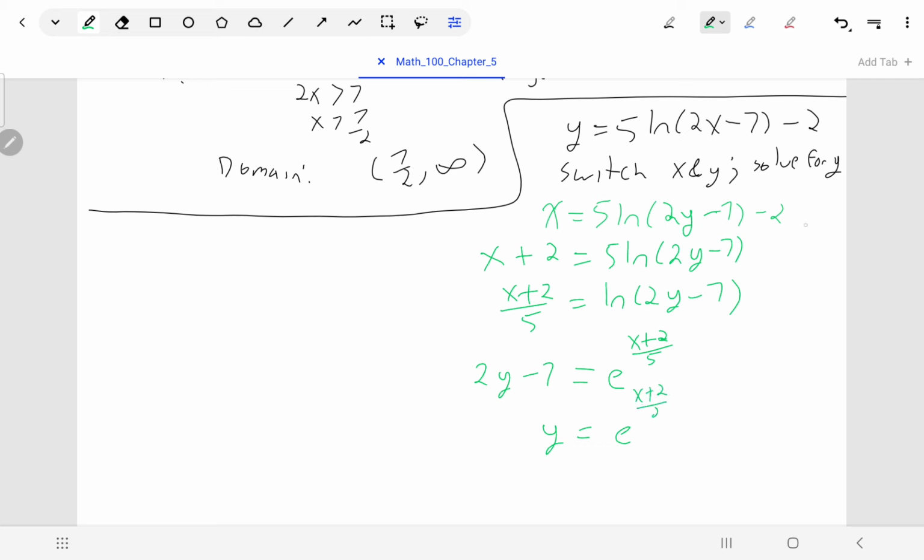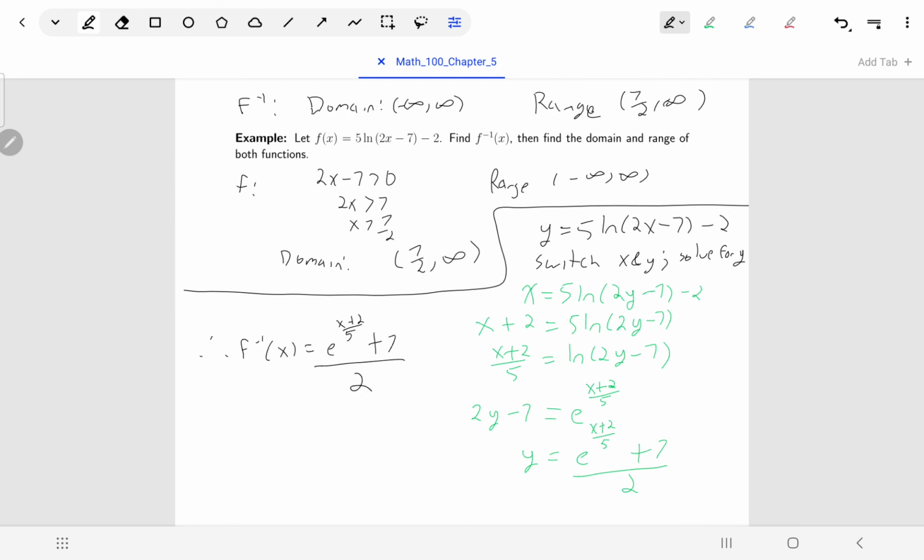And once I've done that, I now have found my inverse function. So now I can conclude that f inverse should be e to the (x plus 2) over 5, plus 7, all over 2.